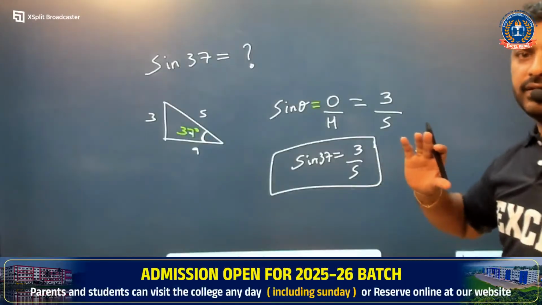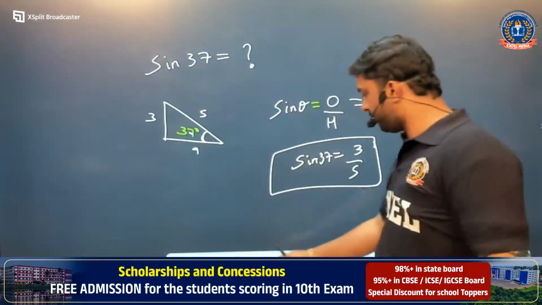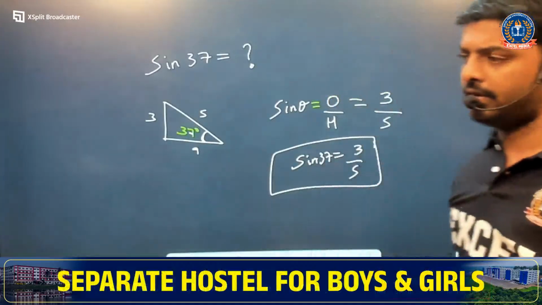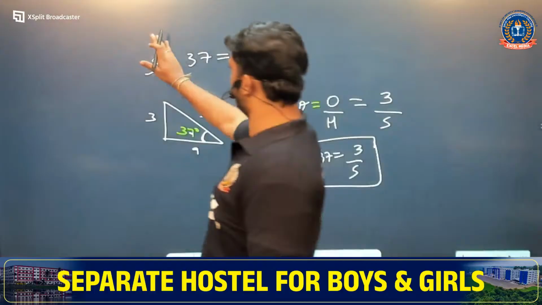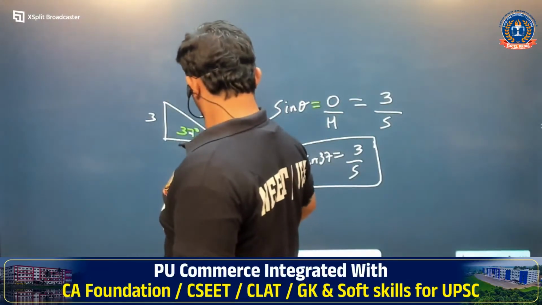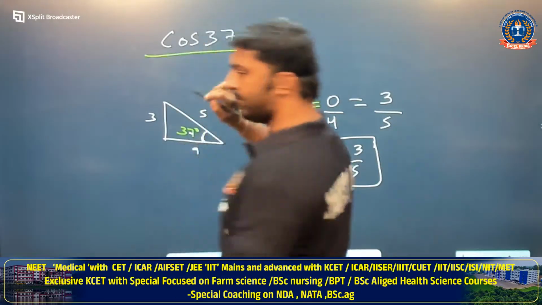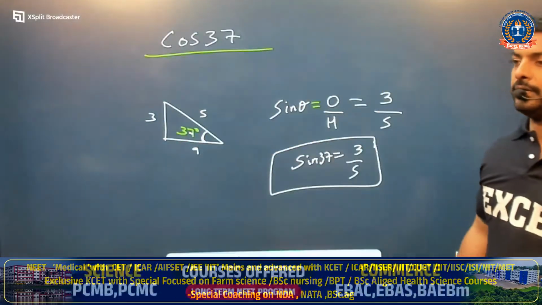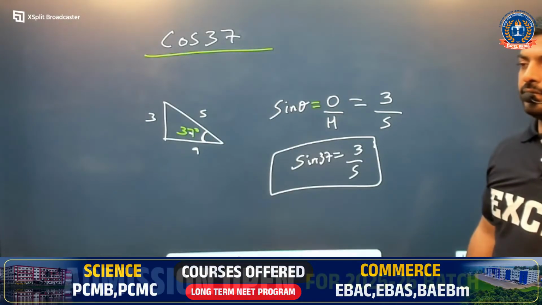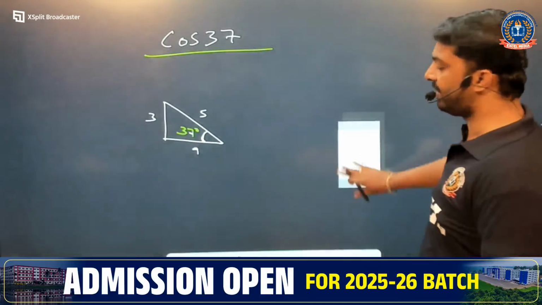Right, students? Now, by using this triplet triangle, you have to find other values. Find the value of cos 37. In a similar way, find the value of cos 37.